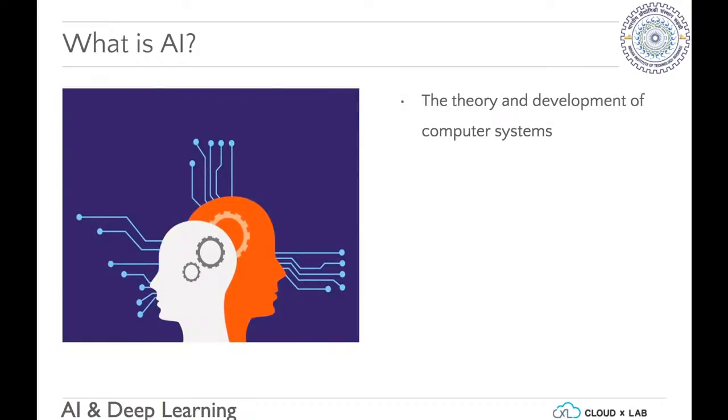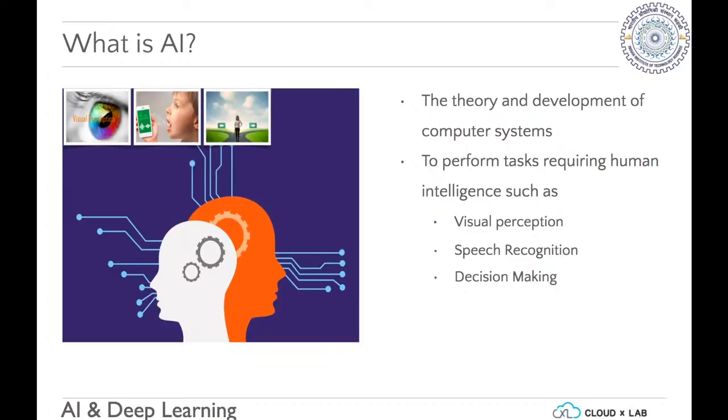So AI is the theory and development of computer systems to perform tasks requiring human intelligence, such as visual perception, speech recognition, decision making, translation between languages.